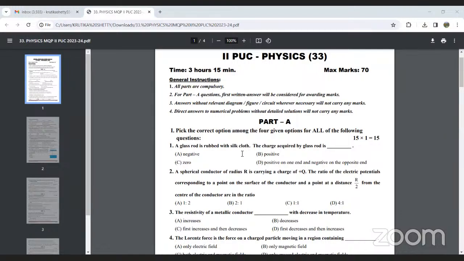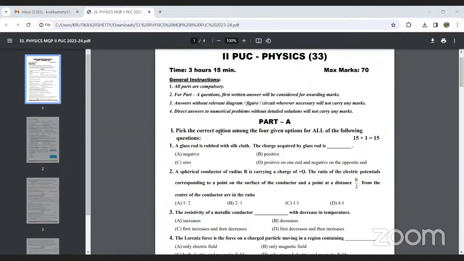See, it comes exactly according to the blueprint. You can see the first question is from the first topic, electric charge and field. See that a glass rod is rubbed with silk cloth. The charge acquired by the glass rod is. Whoever knows the answer, you are free to tell me in the chat box. I'll repeat the question.